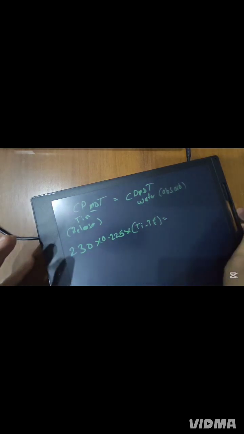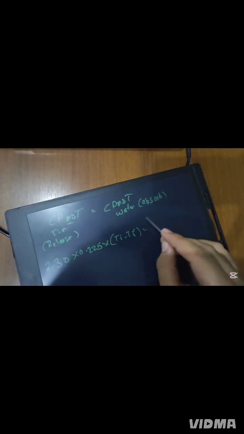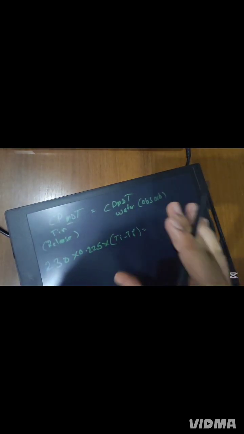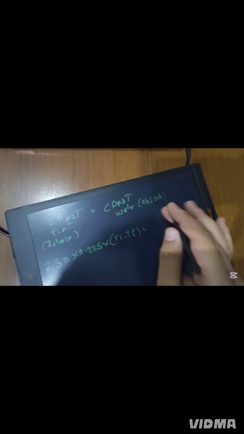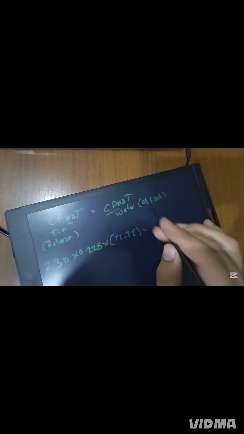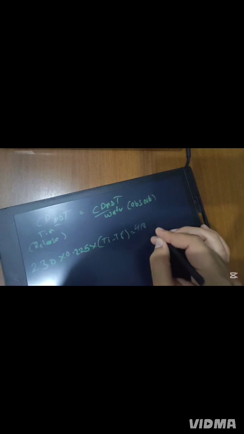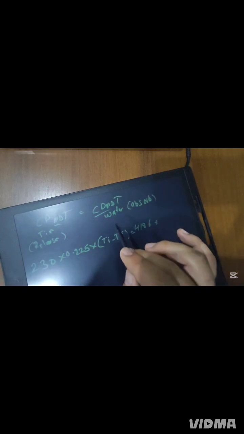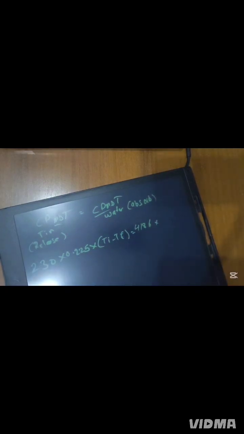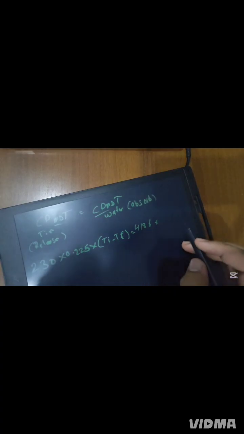On the right side we have water, so the water is absorbing, so delta T must be Tf minus Ti. The specific heat capacity of the water we know is 4,186 times the mass of the water, and Ti was 10 Celsius.